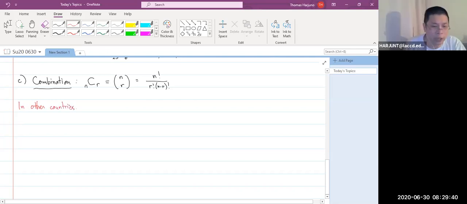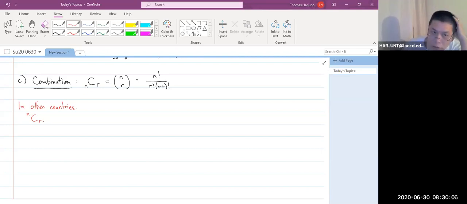In Indonesia, and I believe in some Middle East and some European countries, they use this notation: NCR, just like the NPR earlier, with the N on the top left. But right now, this notation has already been changed. I don't know about other countries, but in Indonesia, they don't use this notation anymore.